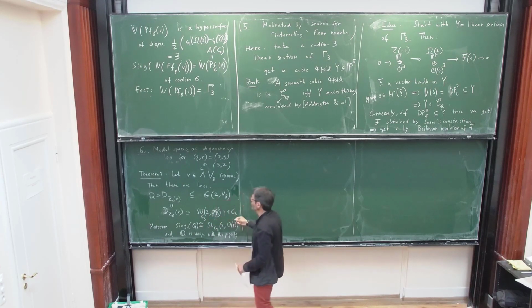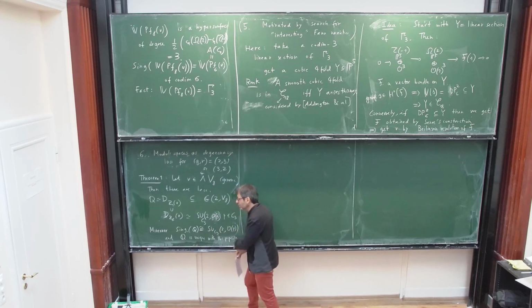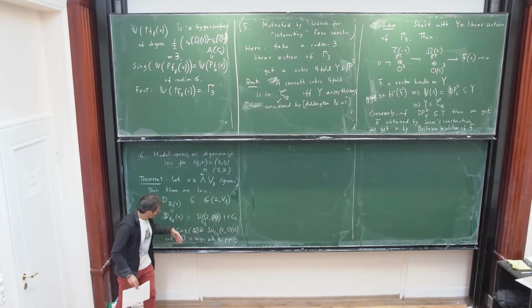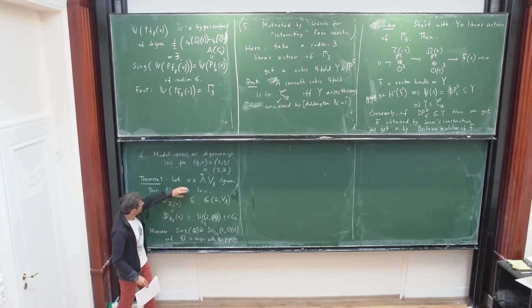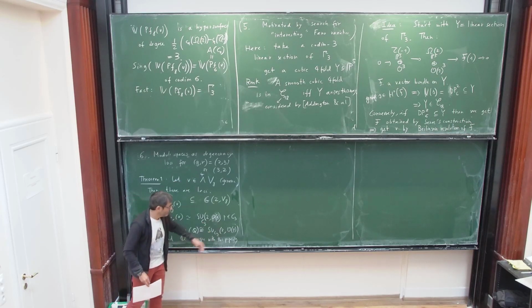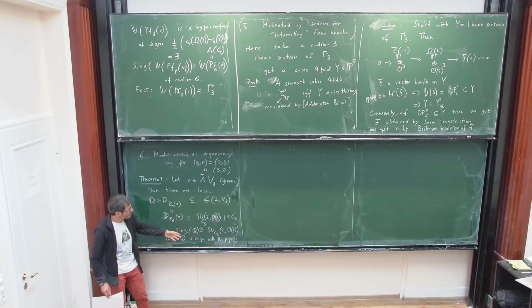So this has the same features as the Coble cubic in some sense: it's a hypersurface which depends on some choice here, and it is singular along the moduli space. It's singular precisely on the moduli space, and it is the unique quadric section with this property.